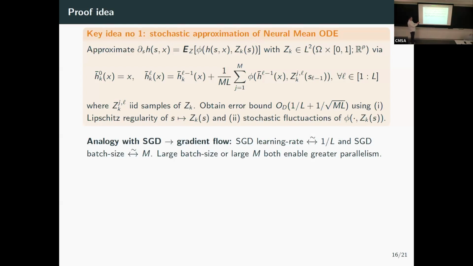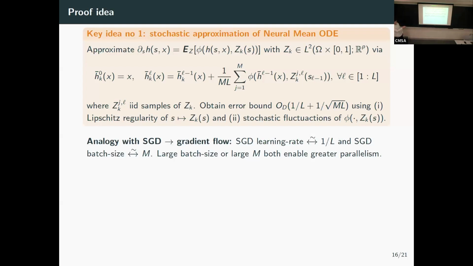Well, we'll have this 1 over L, which comes from the discretization of the explicit Euler scheme, and the constant in front of the 1 over L will depend on the regularity in s of the object. So in particular, to derive the bounds, you need tight controls on the Lipschitz regularity of the parameters as a function of the depth. And then the second term arises from the discretization of the expectation, and this is a typical Monte Carlo rate.